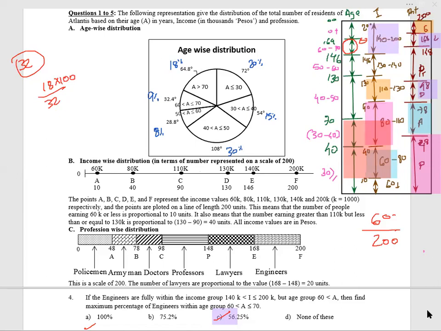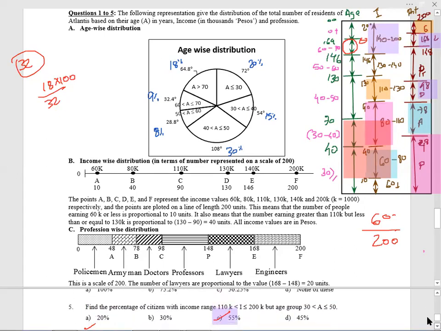Next problem. Find the percentage of citizen of income range 110 to 200K, which is this entire region.